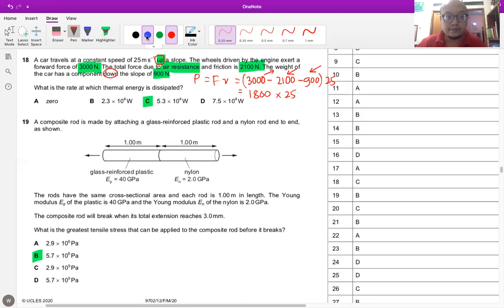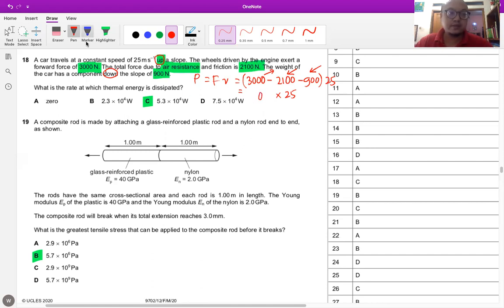So here, not 100, not 1,800, but 0. Oh, this becomes 0.